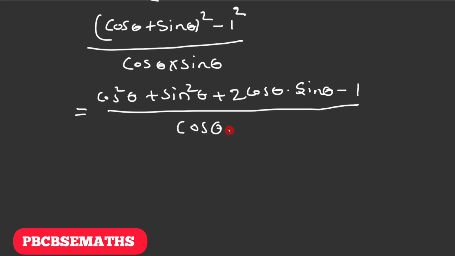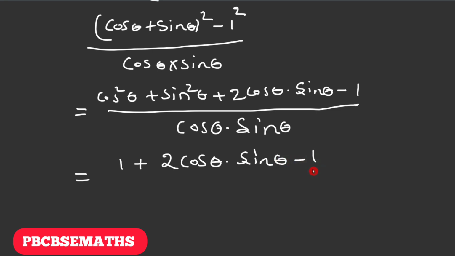whole divided by cos theta into sin theta. We know that cos square A plus sin square A is equal to 1. So we can write cos square theta plus sin square theta as 1, plus 2 cos theta into sin theta as it is, minus 1, whole divided by cos theta into sin theta.